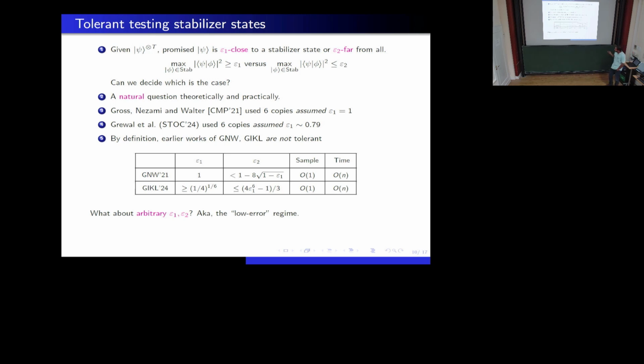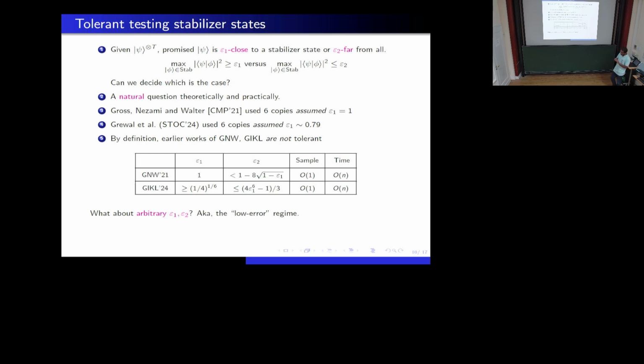The main question that I'm going to be answering in the next 15 minutes is: what about arbitrary epsilon 1s and epsilon 2s? What if epsilon 1 is, say, 1 over log n or 1 over root n, and epsilon 2 is arbitrary? This is called the low error regime. In this setting, can you still tolerantly test them? For a long time, we were not sure whether this was possible, because we do have hardness results for learning approximate stabilizer states.